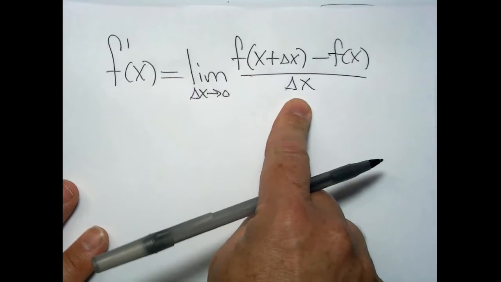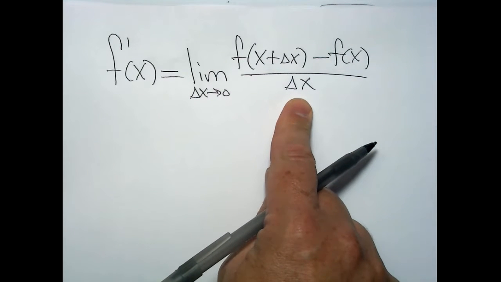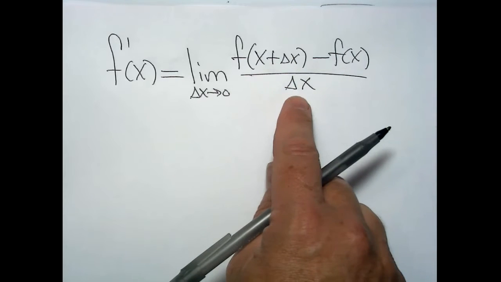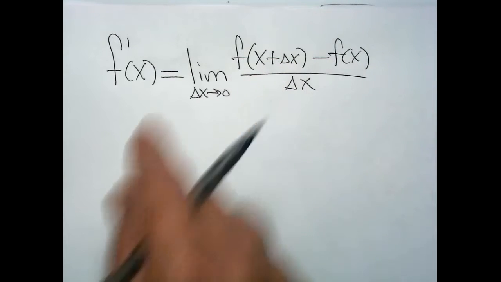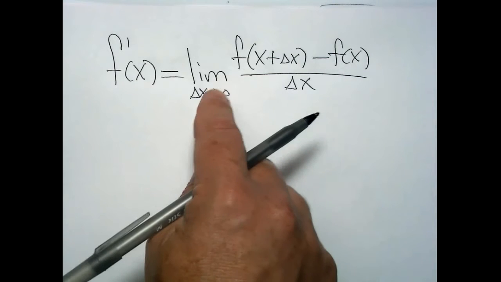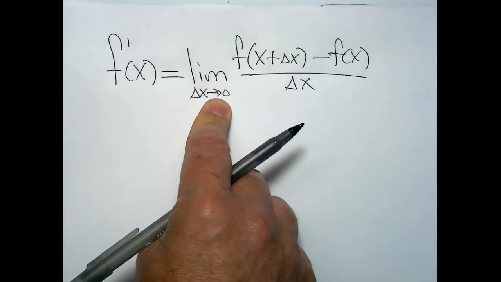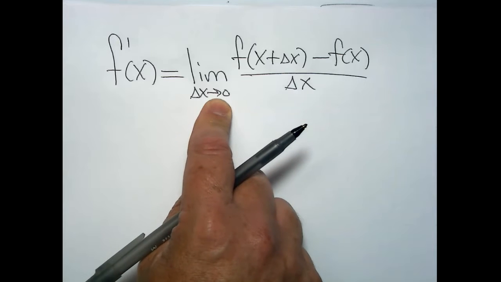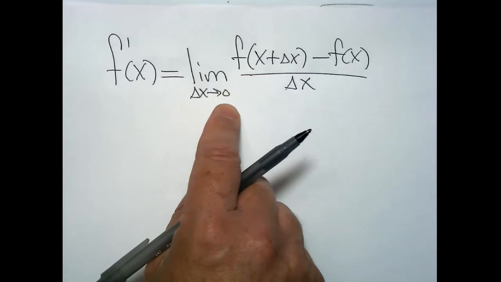This is basically the slope of a secant line. Rise over run. This is the run, delta x, and this is the change in y. This is the slope of the secant line, but it's when we make the 2 points incredibly close to each other that we get the tangent slope. So delta x approaches 0.